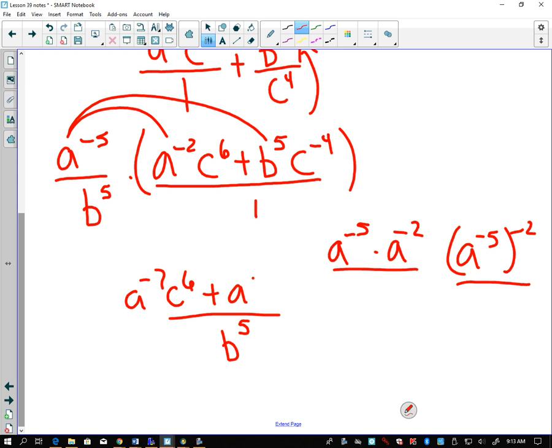A to the negative fifth, b to the fifth, c to the negative fourth, okay? All right, how are we doing? Have I lost you? It's c to the sixth and c to the negative fourth.